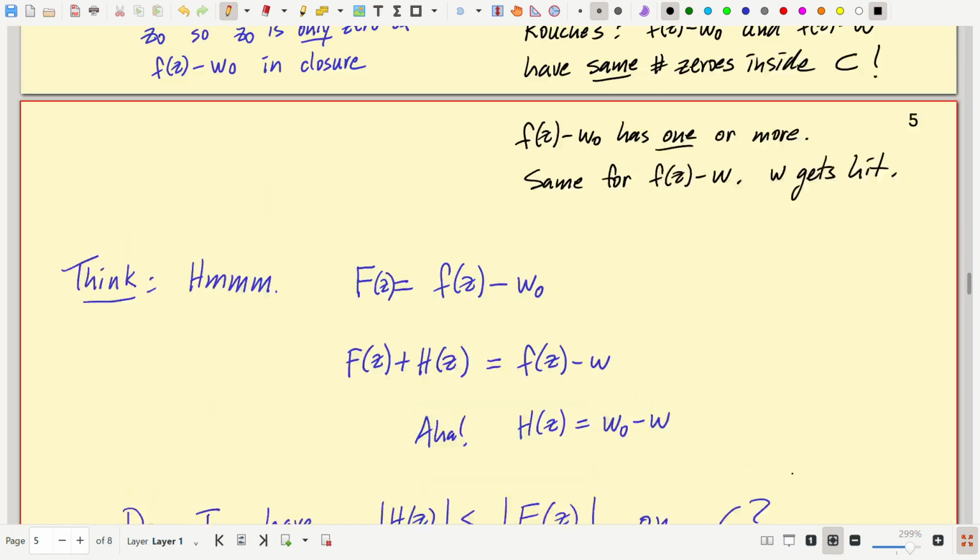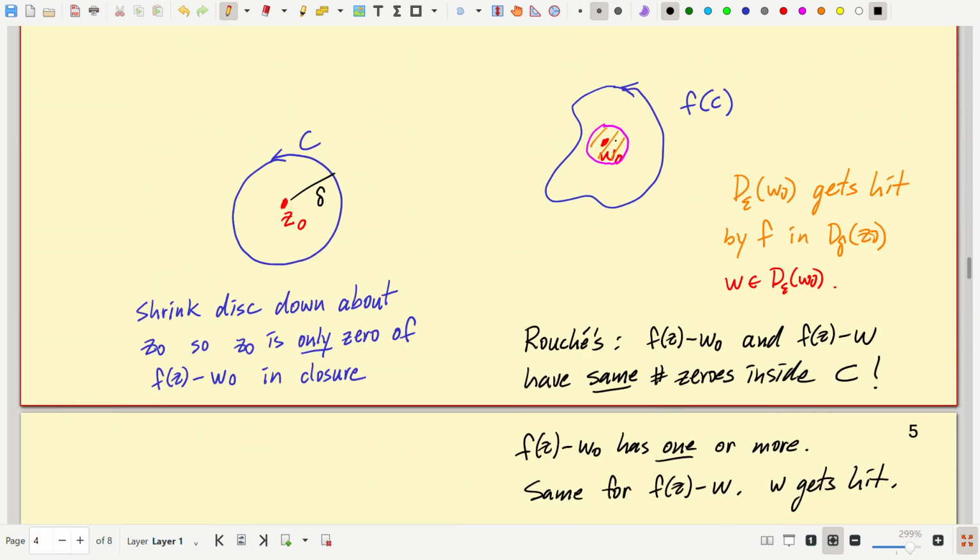Go back and look at my picture. My w is in here, and that's this epsilon thing. And so modulus w minus w naught is less than epsilon. And the distance from w naught to the z of t would be this distance. So this would be a z of t, this would be an f of z of t.